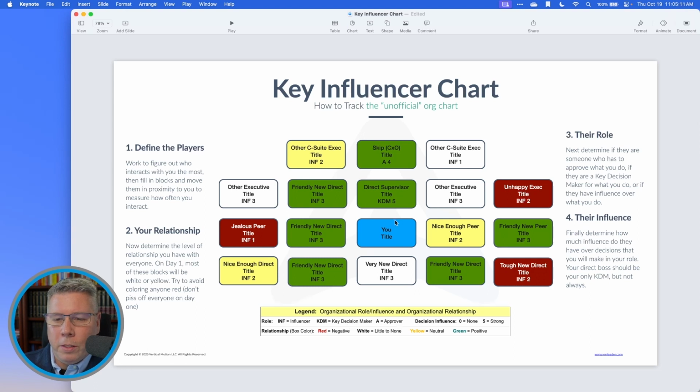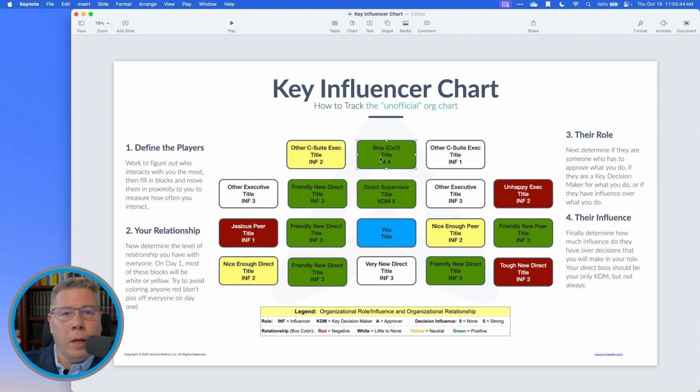So let's think about this. Who decides what authority you have in your role? Well, your direct supervisor typically is the person who decides what authority you have. So they are the key decision maker of your level of authority. Well, who approves that? Typically, your direct supervisor's direct supervisor, or your skip, will be the person who approves of the direct supervisor delegating that authority to you.